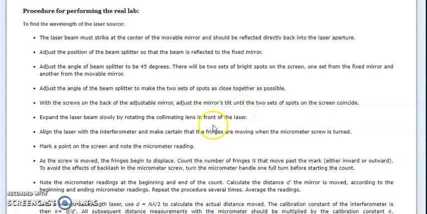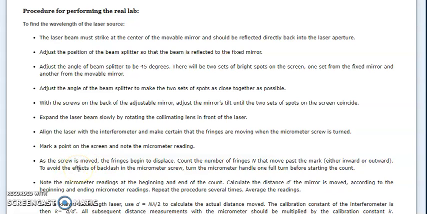With the screws at the back of the adjustable mirror, adjust the mirror's tilt until the two sets of spots on the screen coincide. Now expand the laser beam slowly by rotating the collimator lens in front of the laser. Align the laser with the interferometer and make sure that the fringes move when the micrometer screw is turned. Mark a point on the screen and note the micrometer reading.